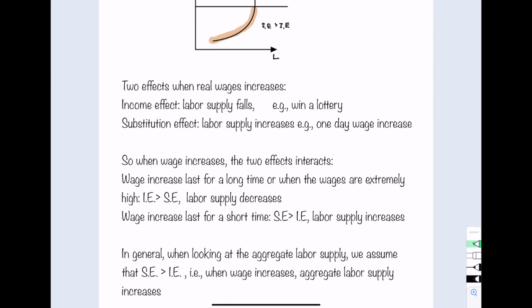The second reason we make this choice is because when we are talking about a wage increase, we are talking about a wage increase now. Given that the period is about now, it won't last for a long time. On the other hand, if we are talking about future wages, then given that the future can be super long, such an increase will be a wage increase that lasts for a long time.